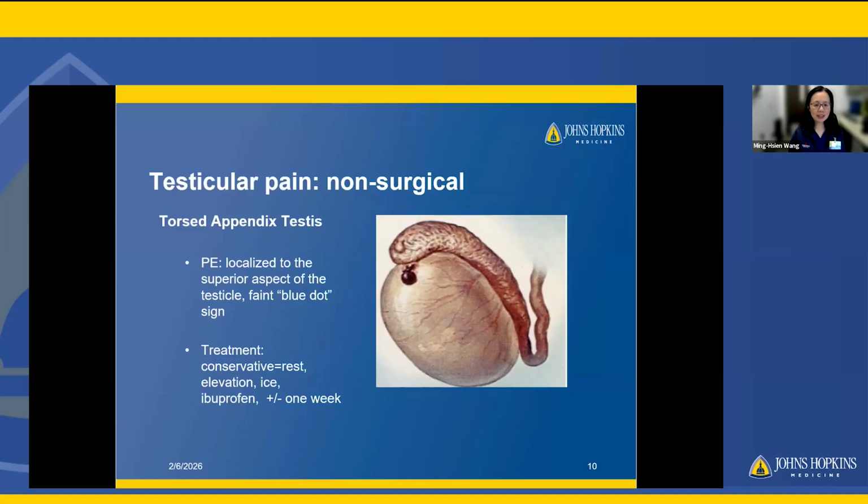If you're pretty sure this is torsion of the appendix testis, the treatment would be rest, elevation, minimizing activities for at least a week, some Motrin, and some ice packs. Usually this will get better with just being super careful for at least one week.